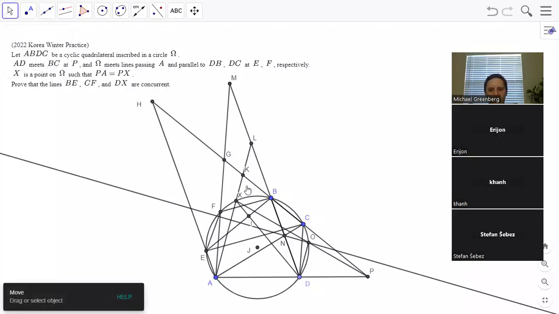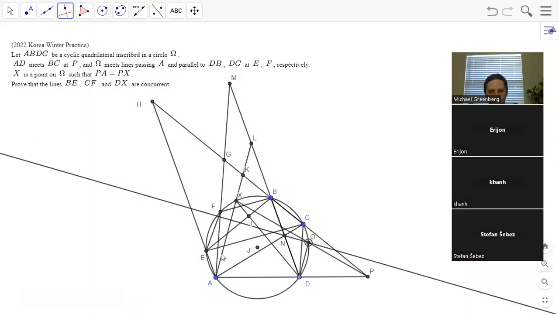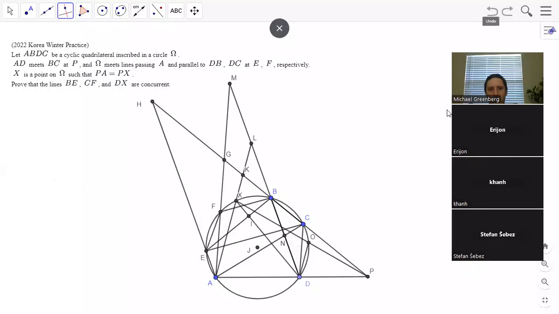Is ON perpendicular to AX? Let's see. No. I feel like we're very, very close.